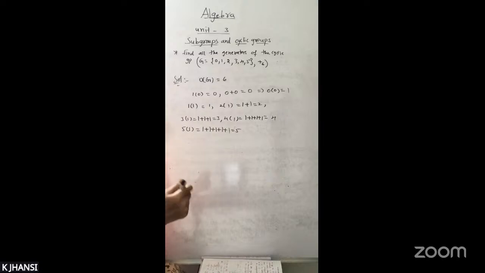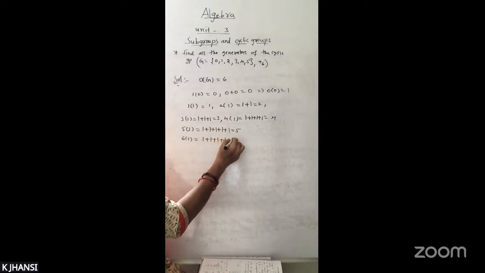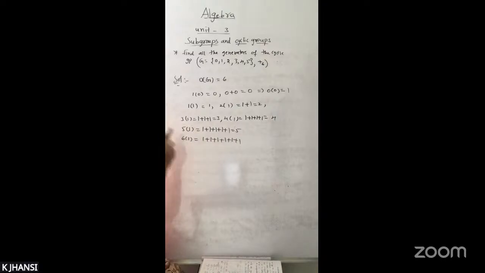We need the element 0, which we haven't got yet. So for that, 6 of 1 is 1 plus 1 plus 1 plus 1 plus 1 plus 1, that is 6 times, so the result is 6.